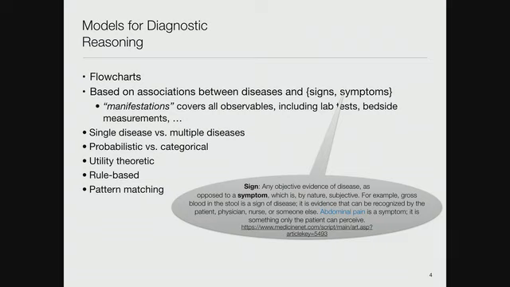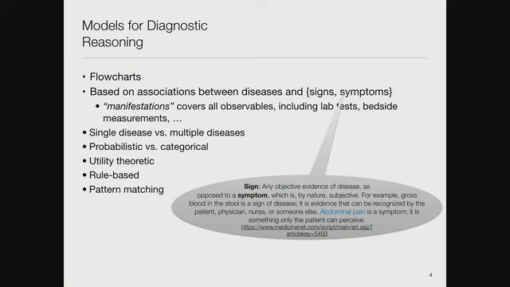So if you're feeling dizzy, then that's a symptom because it's not obvious to somebody outside you that you're dizzy or that you have a pain or such things. Normally we talk about manifestations or findings, which is a super category of all the things that are determinable about a patient.